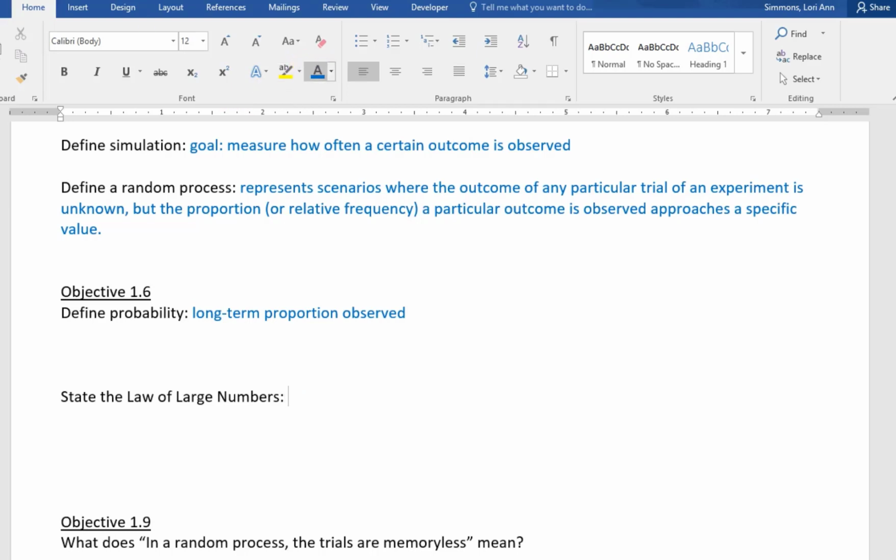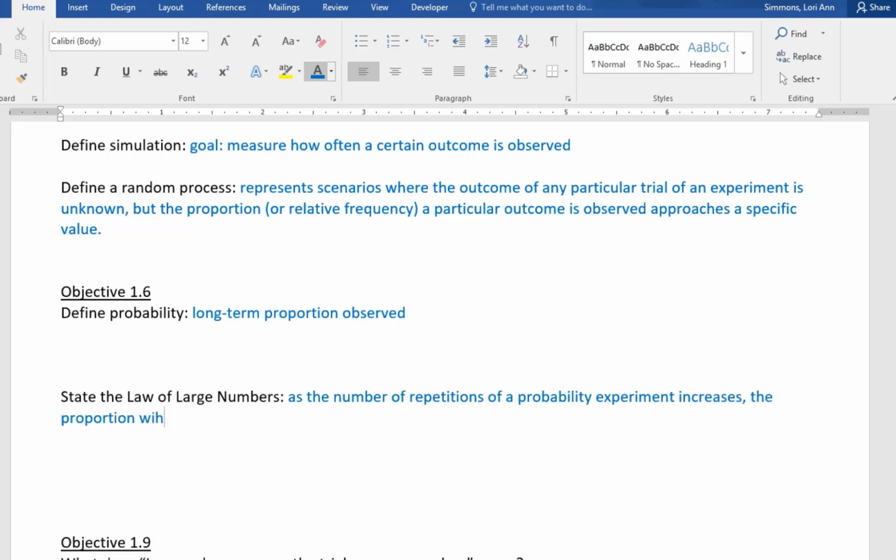The law of large numbers: as the number of repetitions of a probability experiment increases, the proportion with which a certain outcome is observed gets closer to the probability of the outcome.